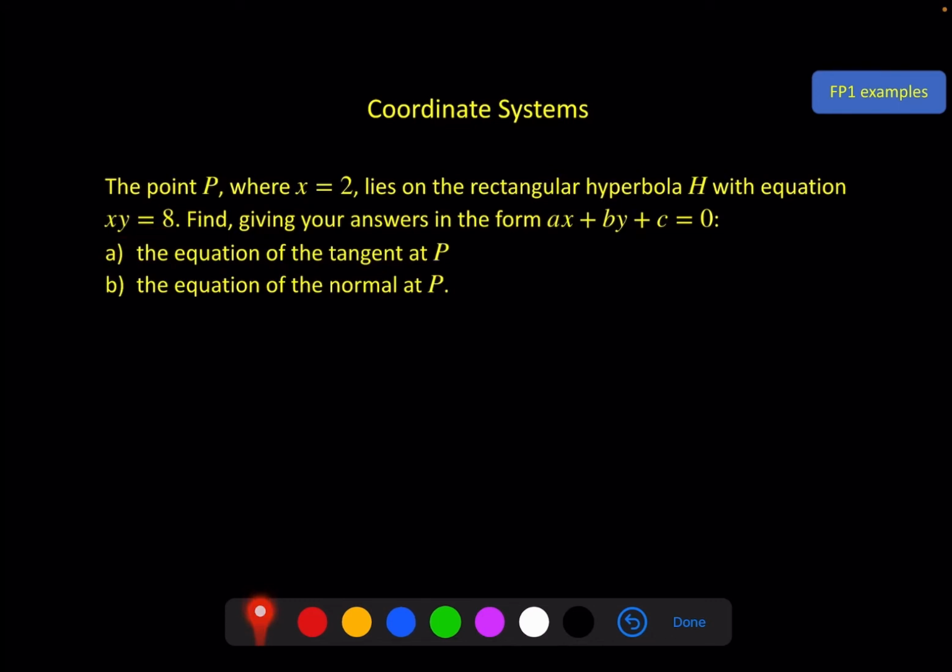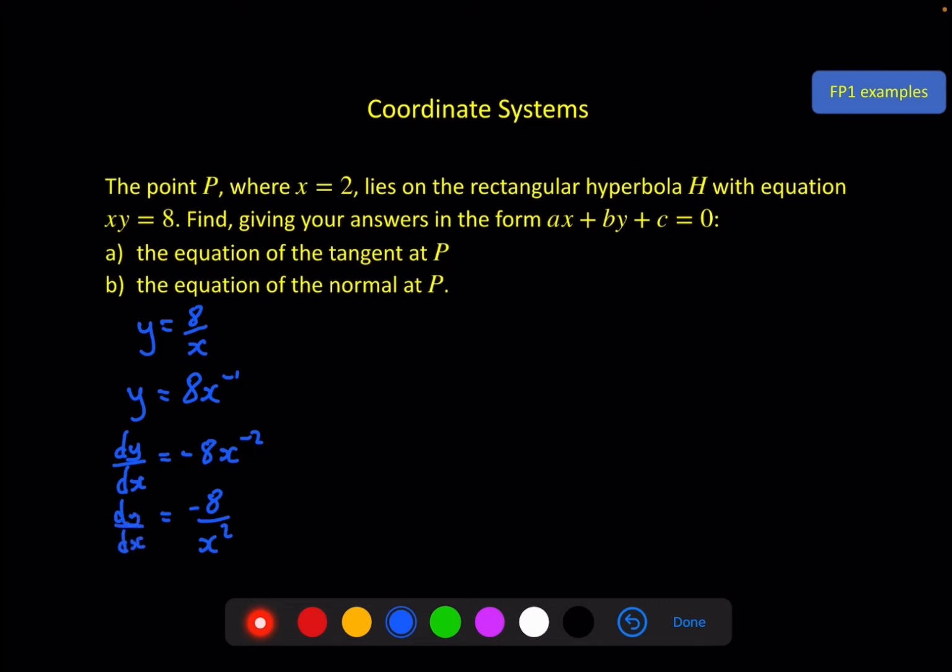So to differentiate this, first we need to rearrange. We need to make y the subject to do the method I'm going to do, which gives us this equation. Differentiating this gives us minus 8x to the minus 2. And that's it. If you want to write that back in this form, we can.